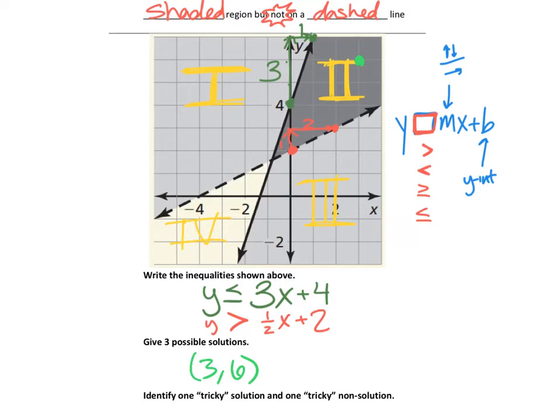Can you write down 2 more possible solutions in that solution set? I'll give you like 20 seconds. Yes, solutions are in the super shade, which means it has to be in that double shaded region or else it does not count as a solution. Give you another couple seconds to write down another 2 solutions.